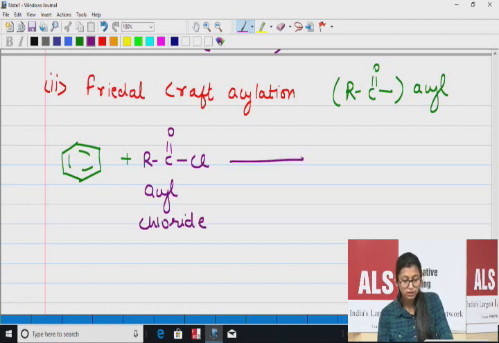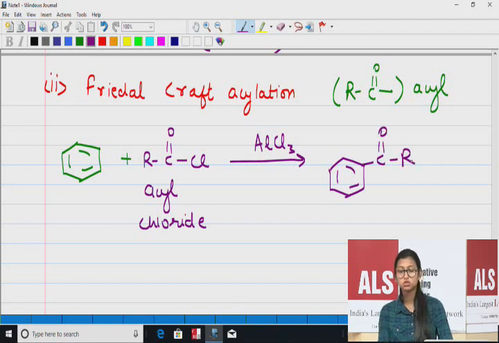So once you get the AlCl3, what will you form? This time the whole of the acyl group will be there on the benzene, like C double bond O R. So you will get this as the product. Just write it down, then we'll write the mechanism.